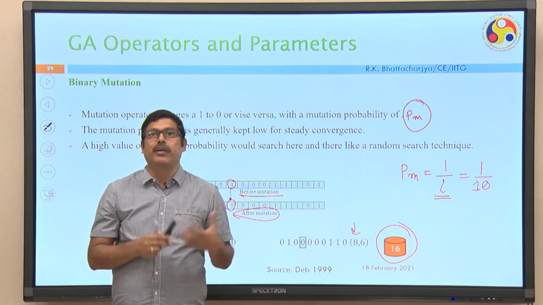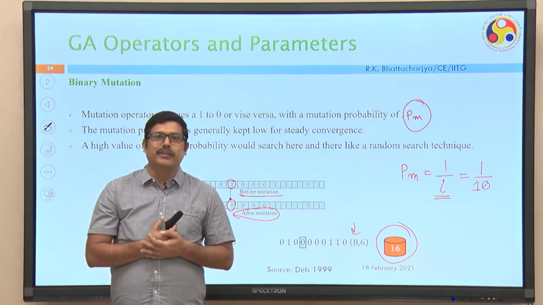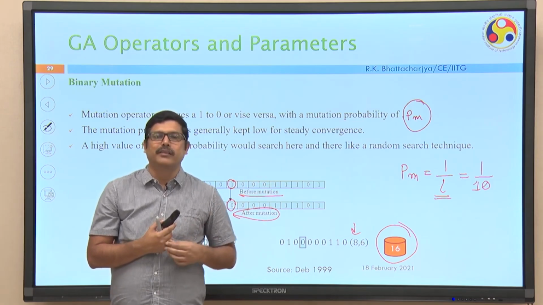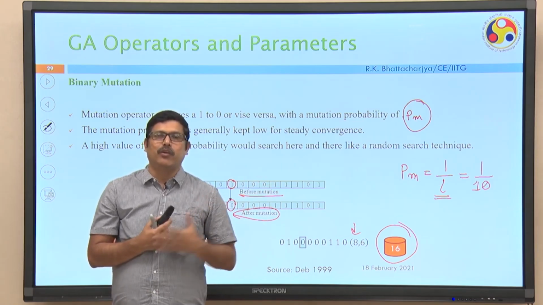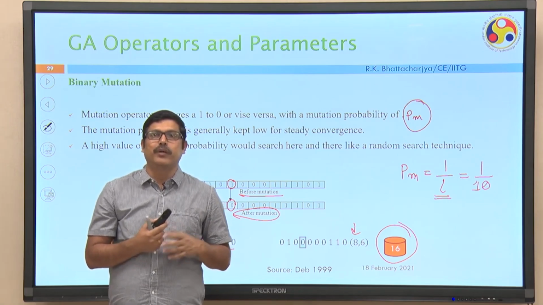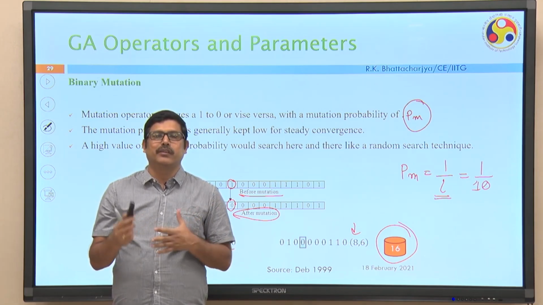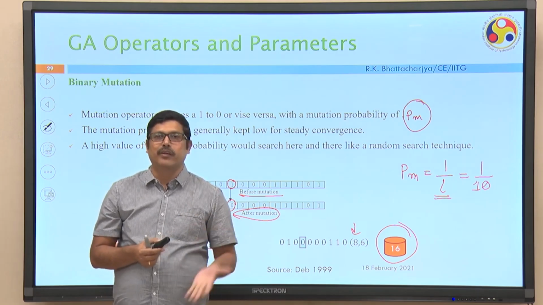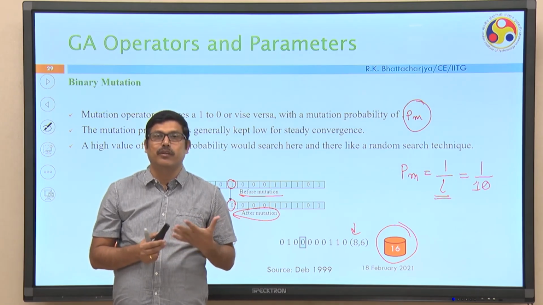I am not using a very high probability of mutation. Generally, as I said, we use 1 by L, but you can also use a very small one. But the crossover probability should be very large, 60% to 95% or something like that. You can even use 100% crossover probability also.